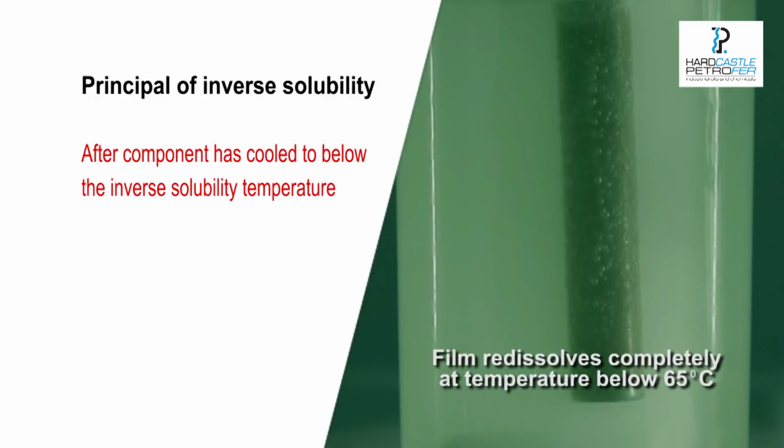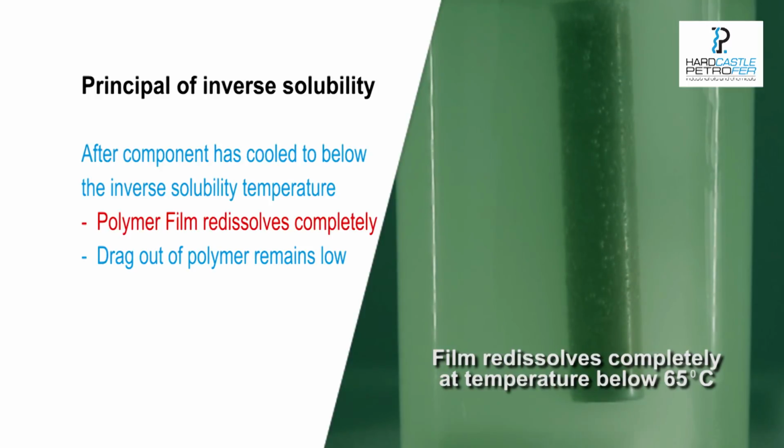When the component cools to below the inverse solubility temperature of the polymer solution, the film starts to redissolve completely, thus ensuring the drag out of the polymer to remain low. Hence, these polymer quenching solutions are very economical in use.